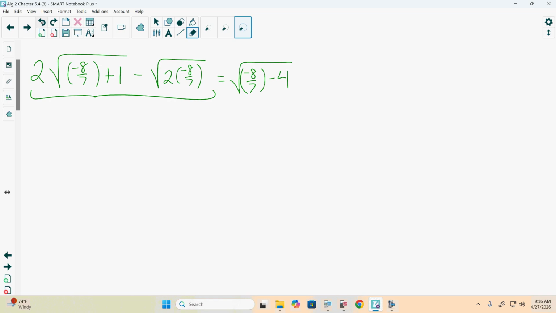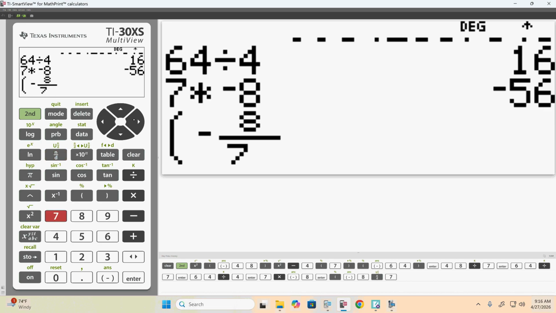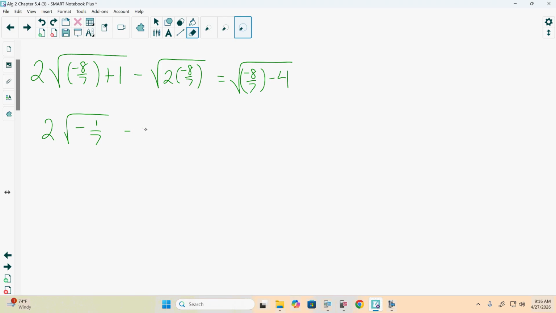If I do this by hand, negative 8 sevenths plus 1 is going to be negative 1 seventh. That's easy to check. Minus 2 times the square root, so we have 2 times negative 8 sevenths, would be negative 16 sevenths, equals.